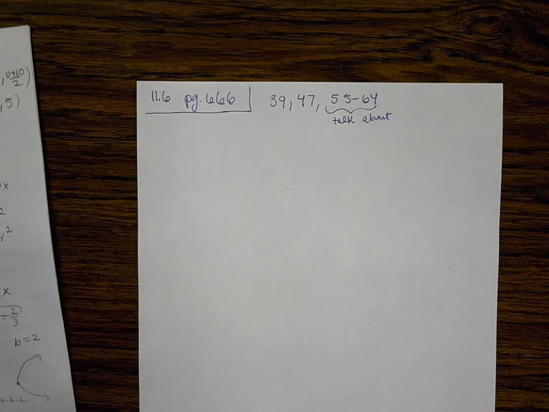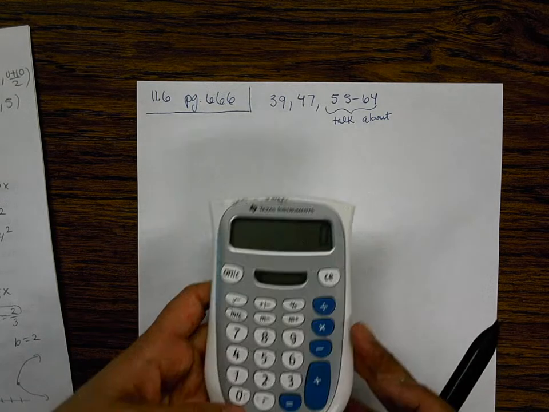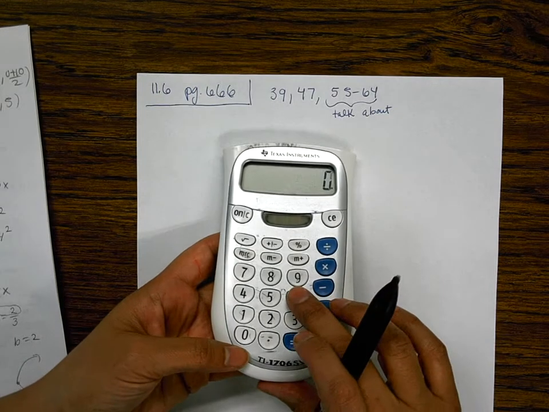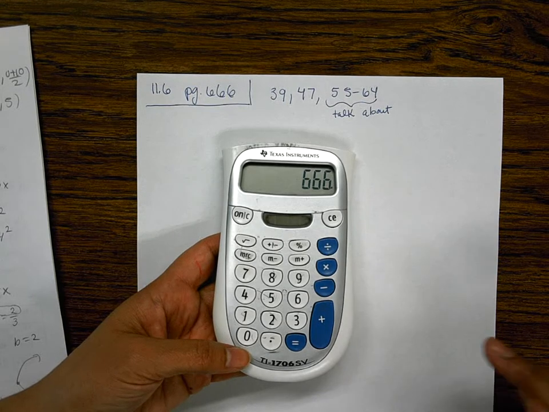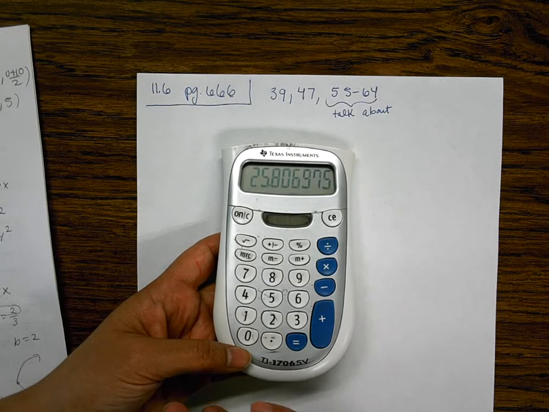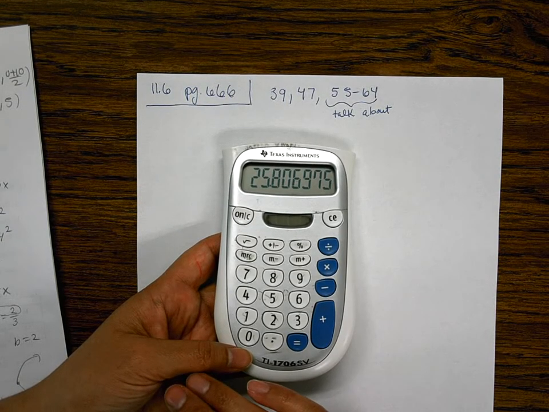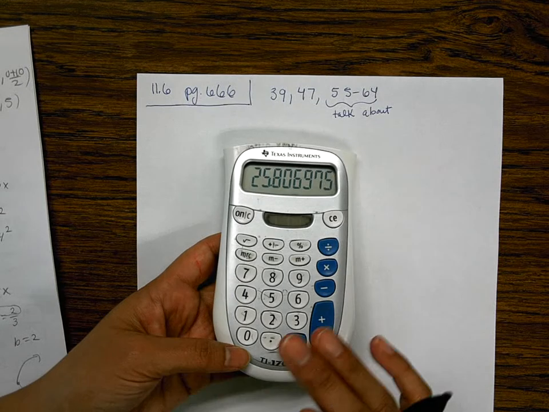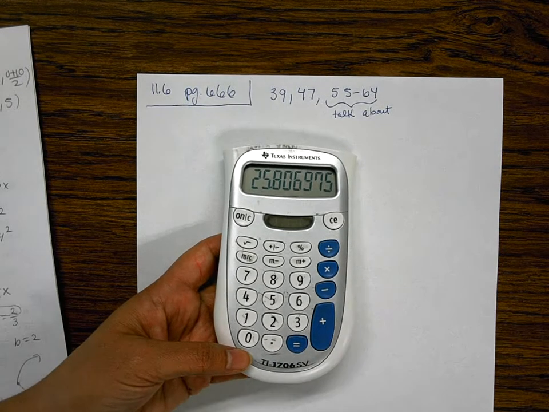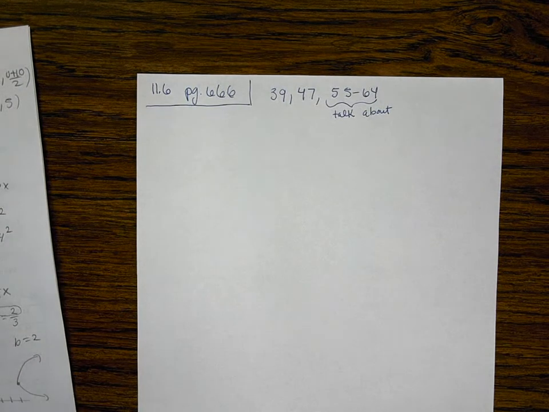Kids always freak out, no, that's an evil number. It's a number just like 333 or 478. It's just a number. So, quick joke, if 666 is evil, then 25.806975 must be the root of all evil. All right, another joke.